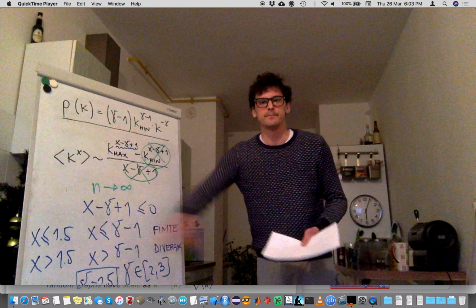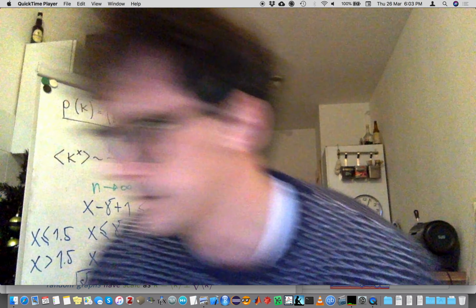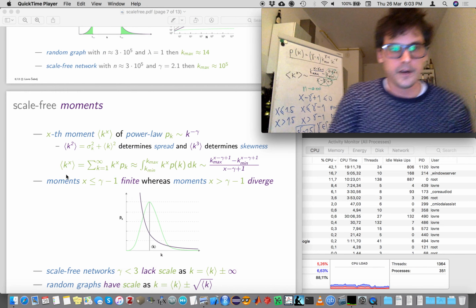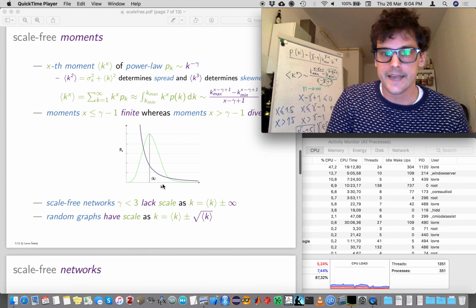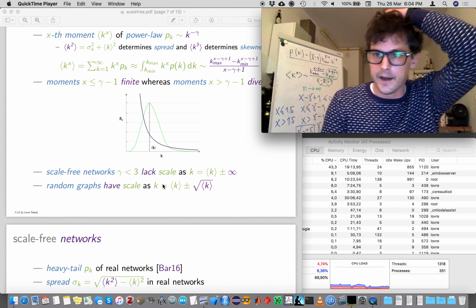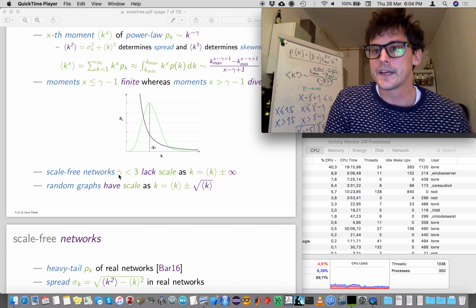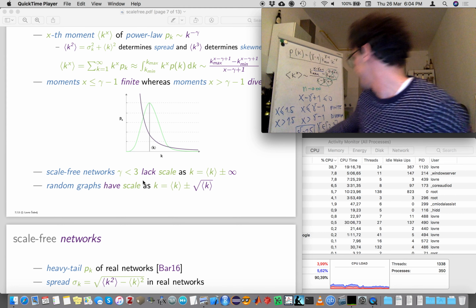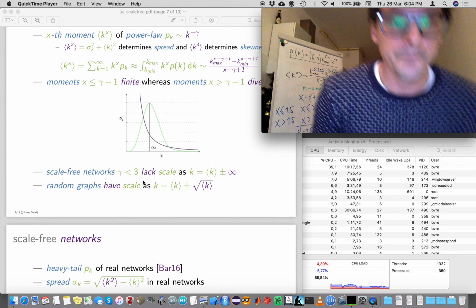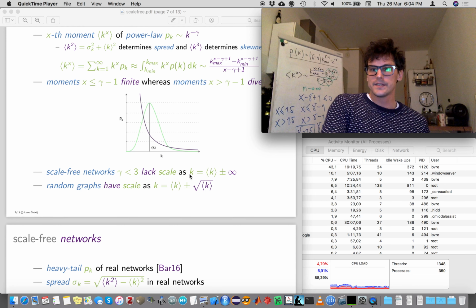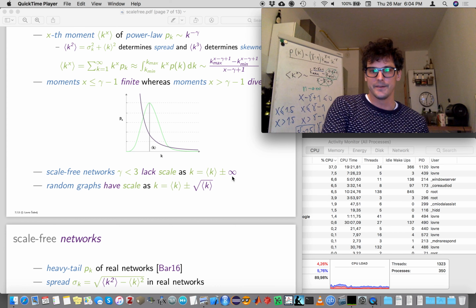And this basically comes down to why we call these distributions scale-free. So here the second bullet is exactly what I have drawn on the blackboard. For scale-free networks with gamma smaller than 3, for instance between 2 and 3, we say that they lack scale. Often you write some variable as its average plus minus its standard deviation.